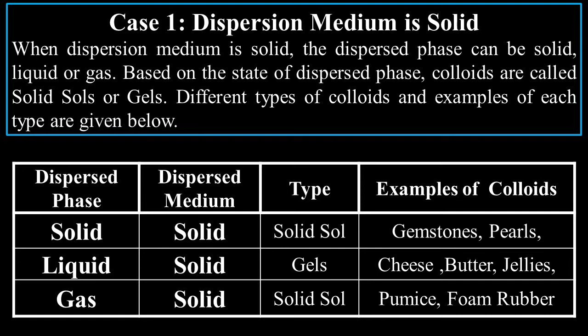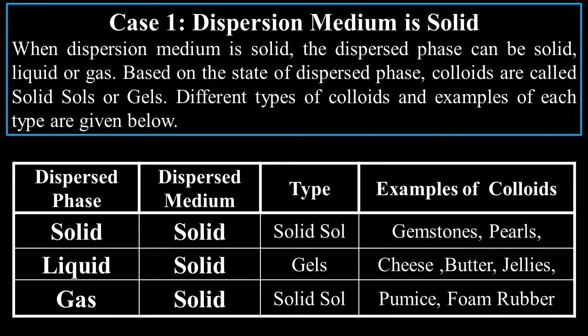A gas in a solid would be called a solid sol, such as pumice or foam rubber. So I'm going to have 3 cases. The first case is dispersion medium is a solid, and then we'll change the dispersion medium from a solid to a liquid and then to a gas, followed by examples of each on the preceding slide.